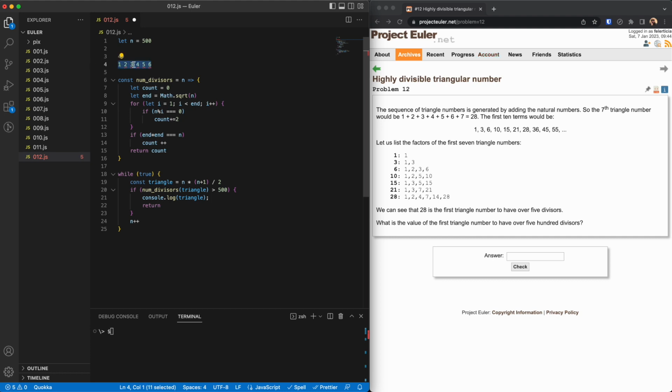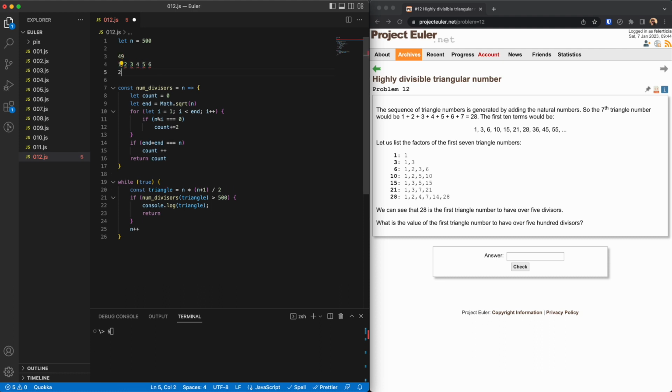And I will count the divisors for this one, which is 49 divisible only by 1 in this term, so it will be 2. But I need to include 7 as well. So that's what this is doing here. If n, which is 7, times 7 equals the number, then we need to add one more to the count. So it will be 3 instead of 2.